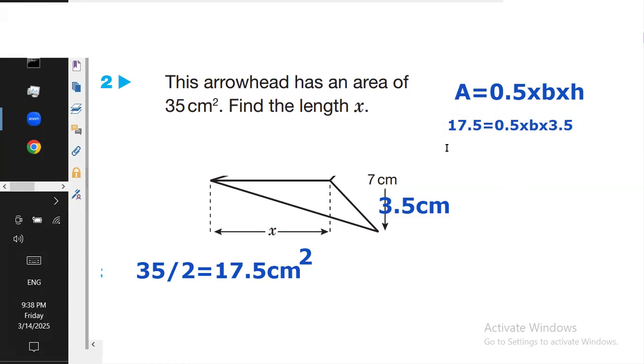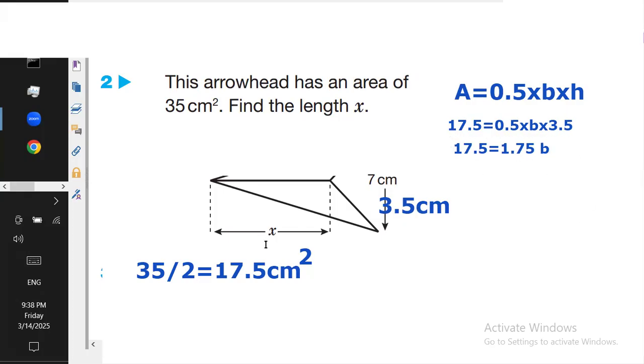Now I do my calculations. So 17.5 equals 0.5 times 3.5, which is going to be 1.75. So 1.75 multiplied by b, which is the base. Now I need to find the base.